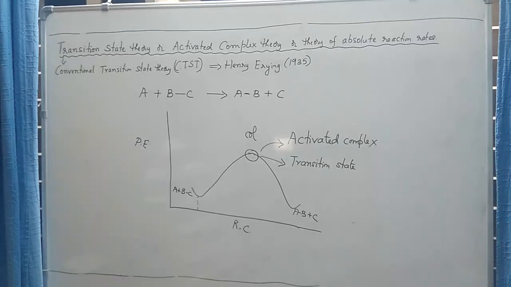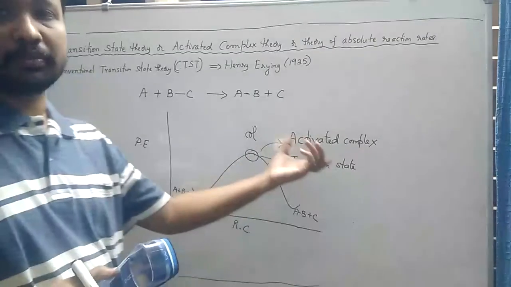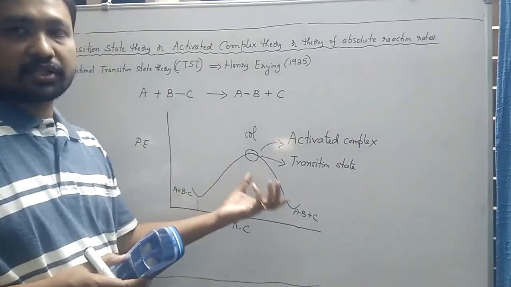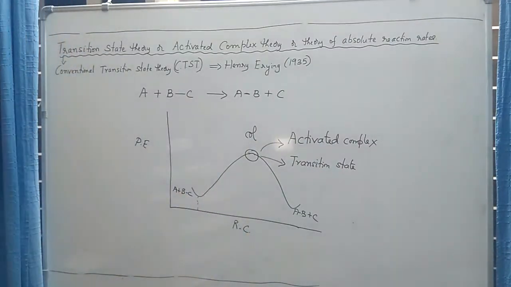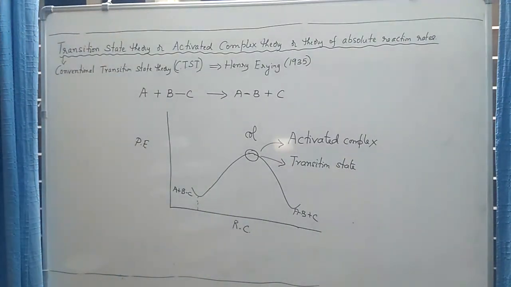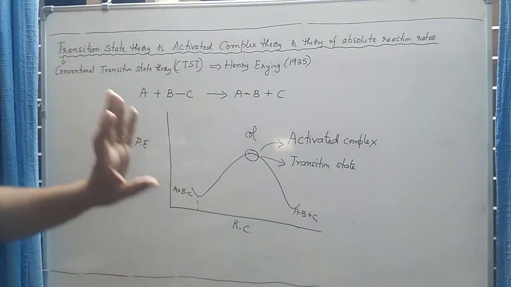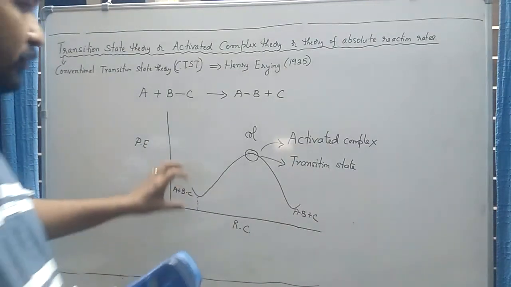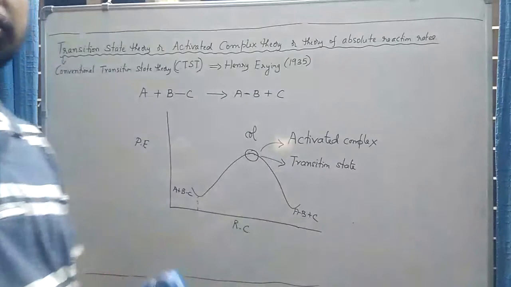However, in some reactions the structure of the activated complex will be much closer to the structure of the reactant, and in some reactions it will be closer to the structure of the product. Generally the structure of the activated complex will have features borrowed from both the reactant as well as the product side.